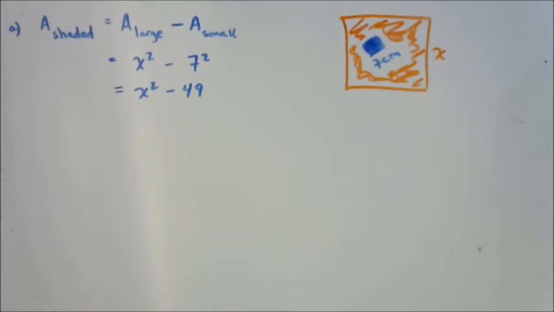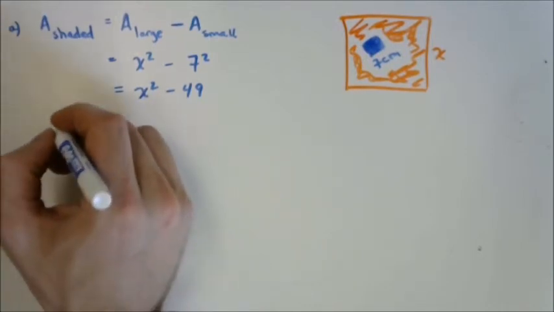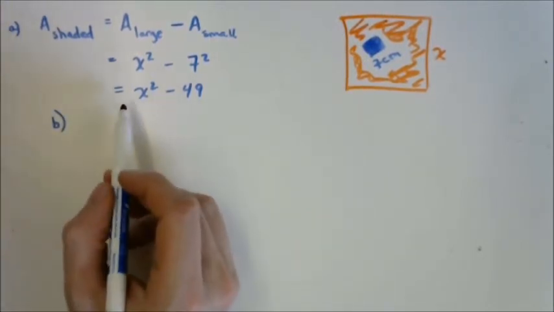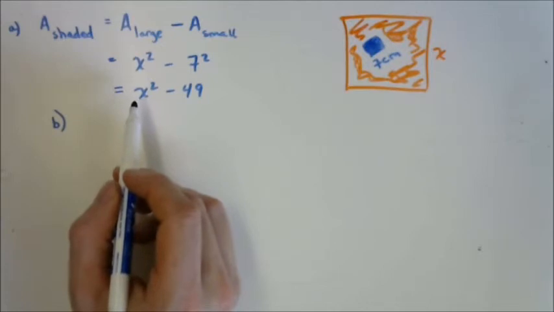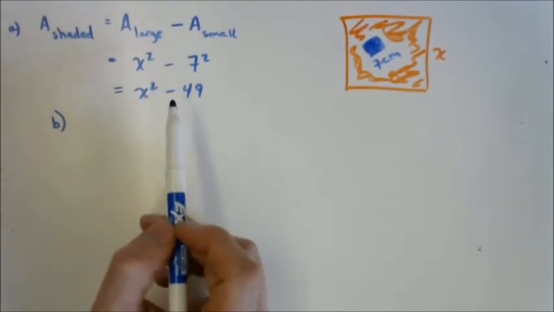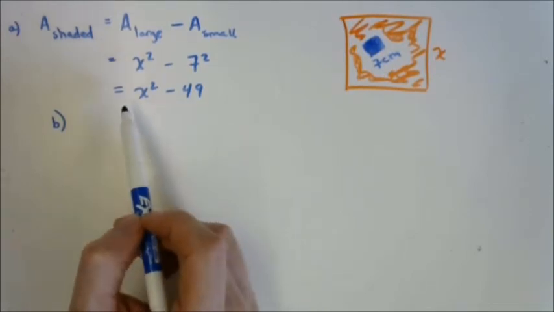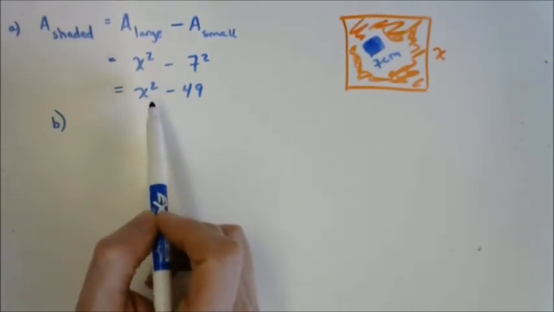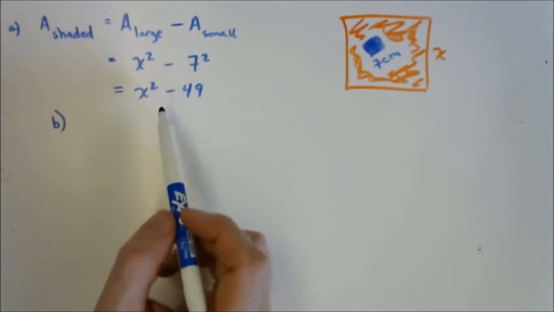Not too difficult. B says, okay, now write that area function in factored form. Well, you should be able to look at this x squared minus 49 and say, oh, it's a square, so they're square numbers, so I actually have the difference of squares, right? A squared minus b squared. Do you remember what that results in?